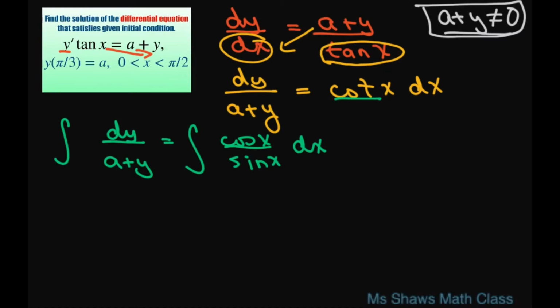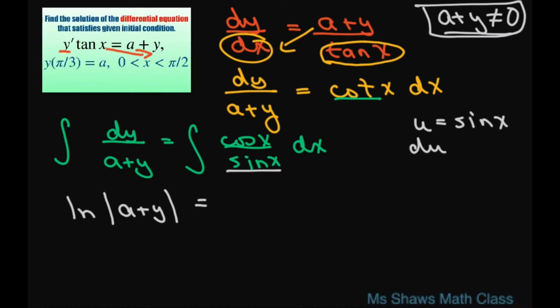So for our left-hand side, we're going to get ln of absolute value of a plus y. And for the right-hand side, if we let u equal sine of x, then du equals cosine of x dx.